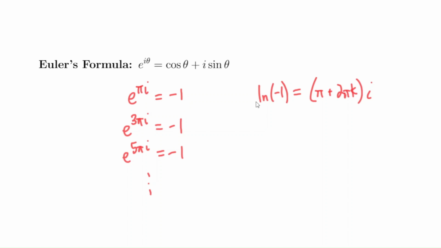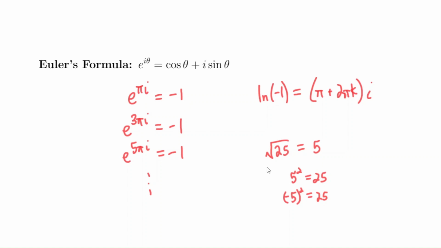And then you might think, well, how can natural log of -1 be multiple different things, right, depending on this value of k? Well, it's kind of similar to when we talk about what is the square root of 25. Well, we say it's 5, of course, but aren't there really two numbers that if you square them, you get 25? So not only is it true that 5 squared is 25, but it's also true that -5 squared is 25. So isn't it kind of like there are two square roots of 25?